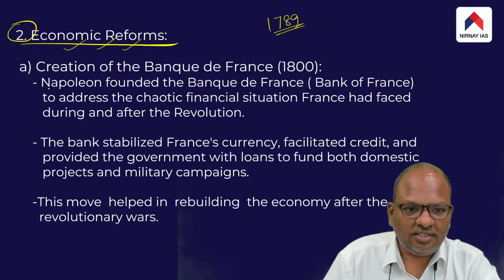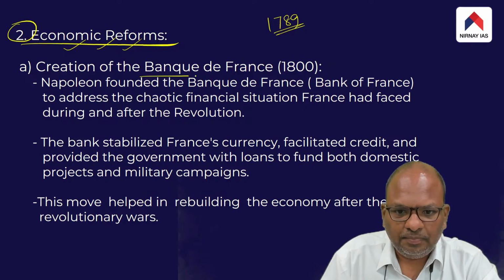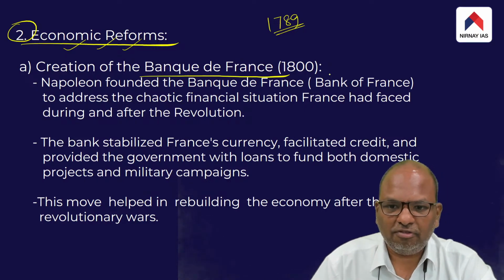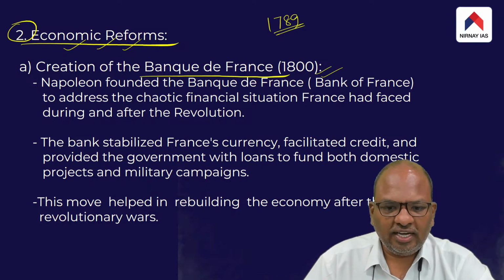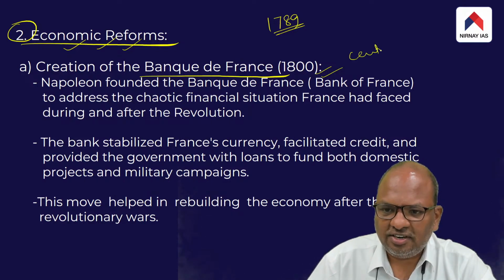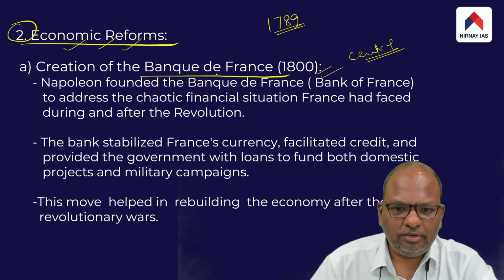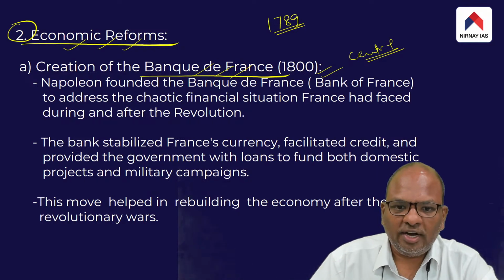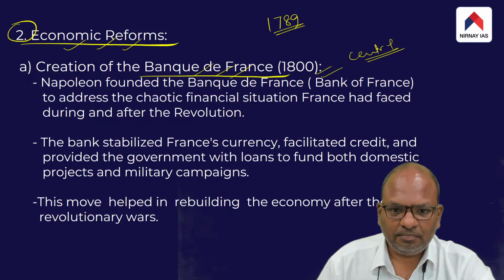In this context, he established a bank known as Banque de France, otherwise referred to as Bank of France, in 1800. This Banque de France was the central bank of France. With its establishment, credit began to be provided to the people to once again kickstart economic activity.